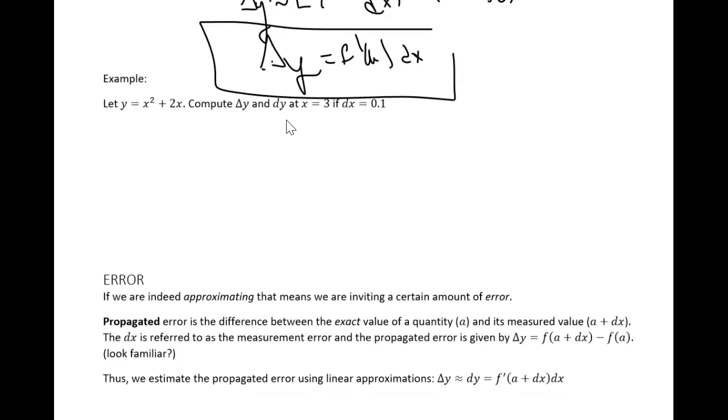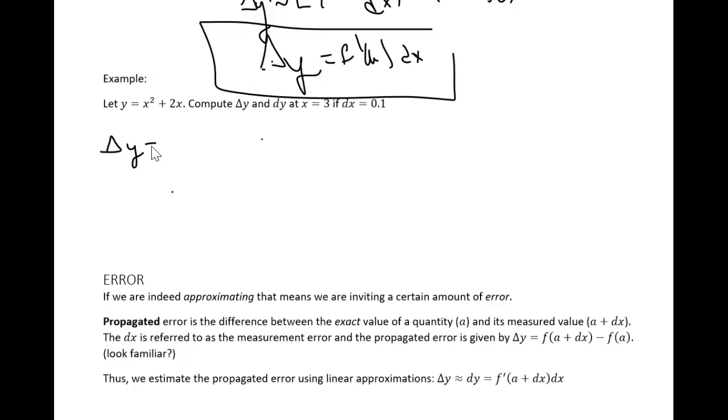So let's compute delta y and dy at x equals 3 if dx is equal to 0.1. For this example, we're going to let y equal x squared plus 2x. And this example was actually done earlier as well, so we're just going to try it again using this new approach. First, compute delta y. Delta y is the actual change in y.